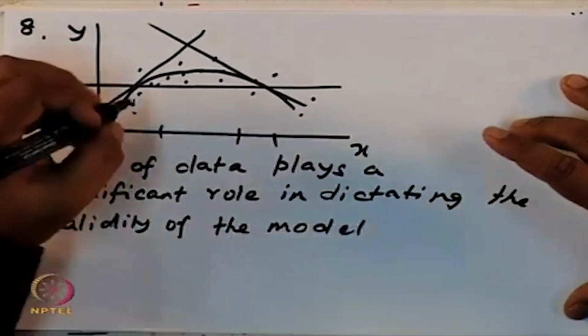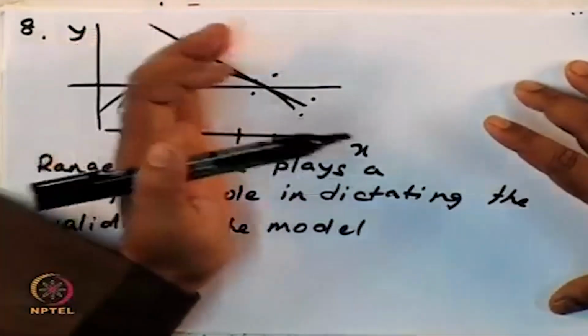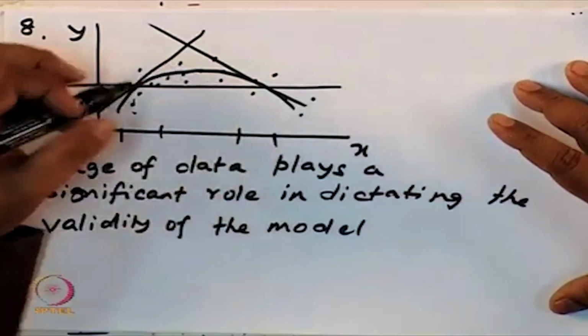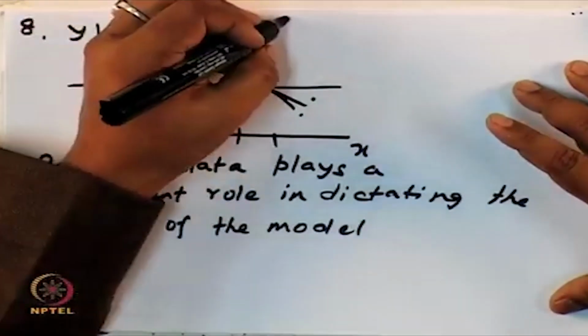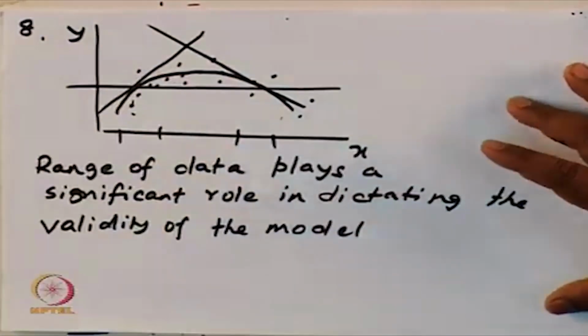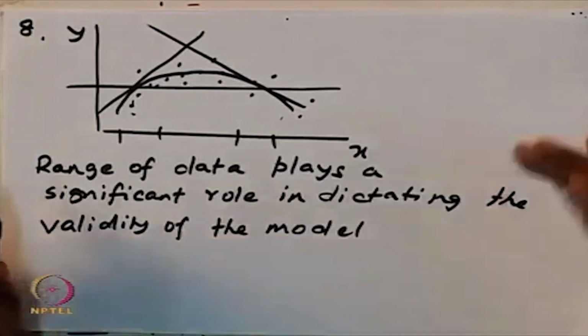Which means that if you are trying to extrapolate the data, you would incur huge amount of error. This line would predict a value here for this point, but as you can see, this is clearly not linear in nature. So, that concludes how you can make use of ANOVA.